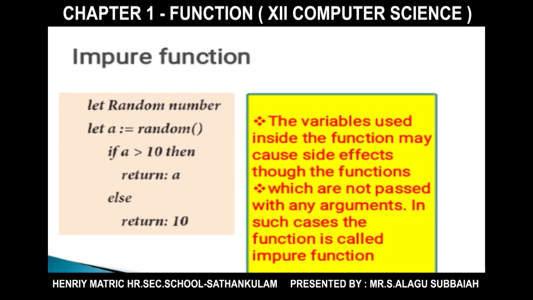Suppose we assume a function has x as the variable and here we did not pass any value to the x variable, even though x causes some side effect to that function. So that function is called an impure function. A function becomes impure because of its variables.